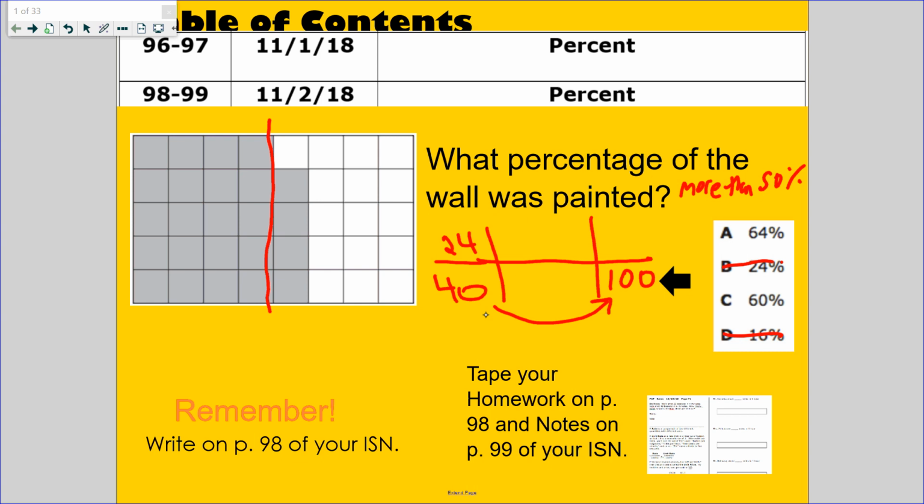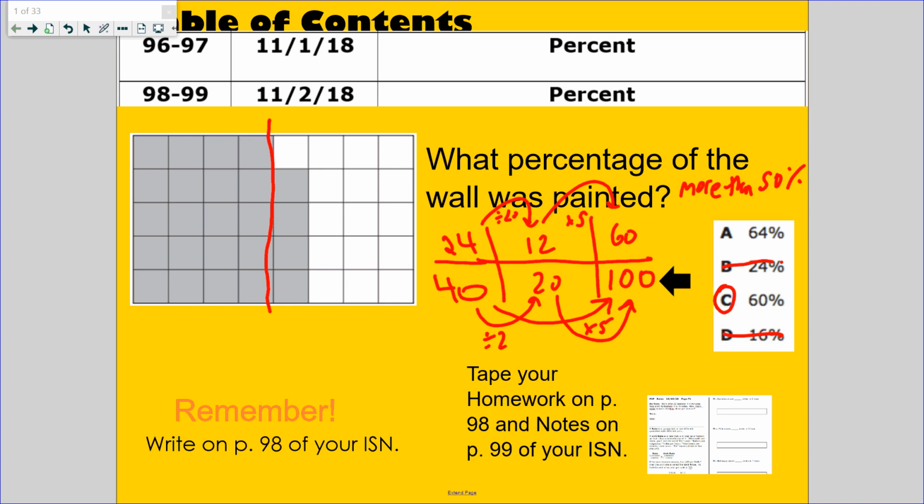Maybe I can break this down and simplify this by dividing by 2, get 20, and I divide this by 2 and get 12. Now, can I build this 20 to 100? Times 5, times 5, and that's where I get 60 hundredths, or 60% of this is shaded.